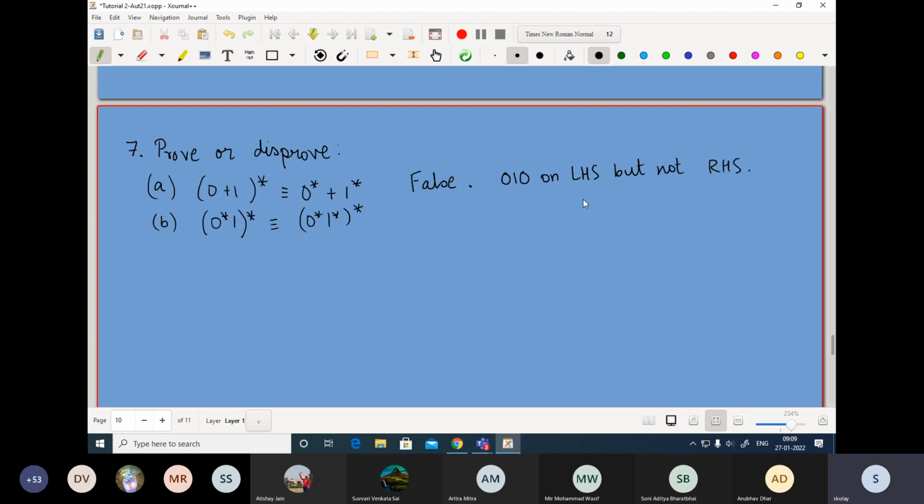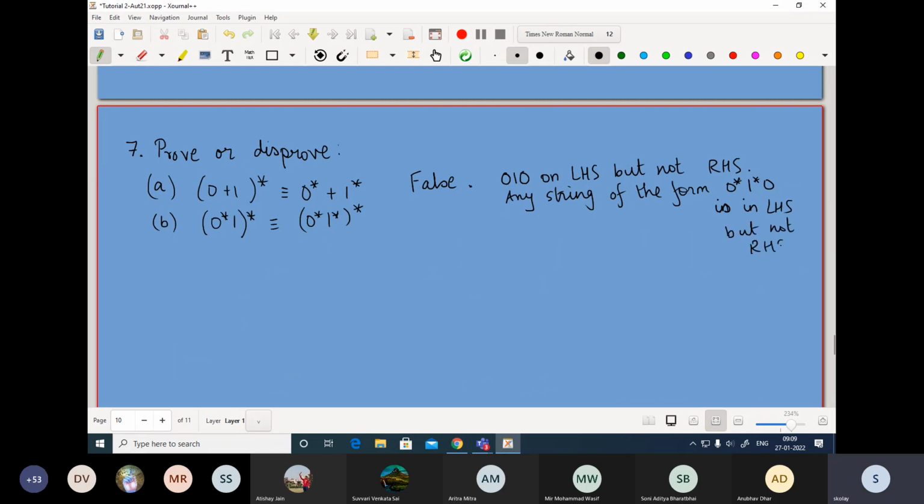Okay. So in fact, any string of the form 0 star 1 star 0 is in LHS but not RHS.